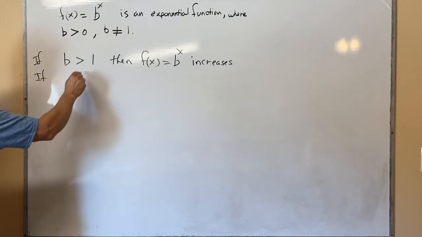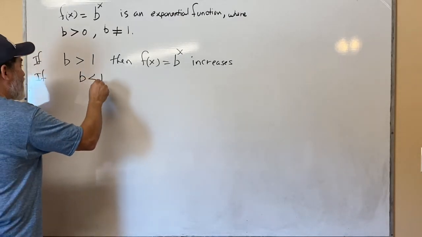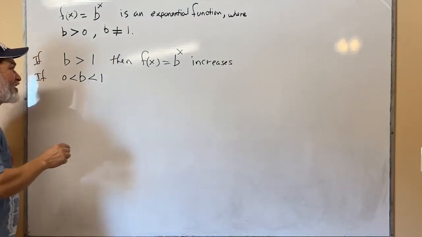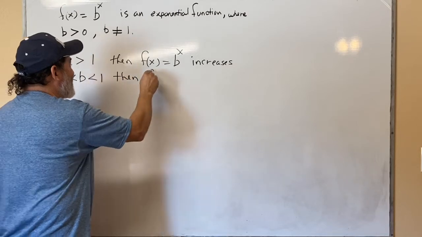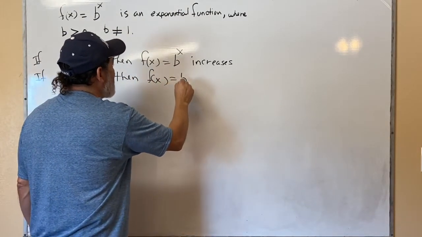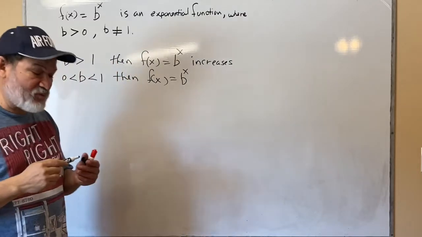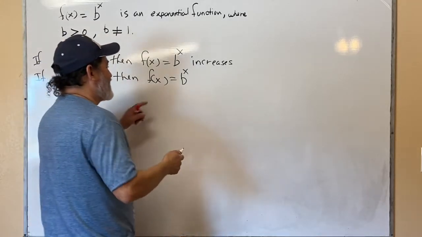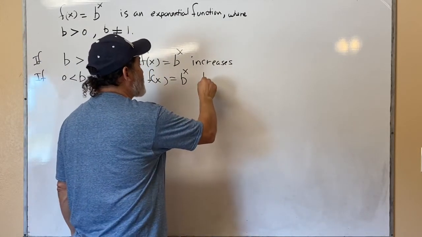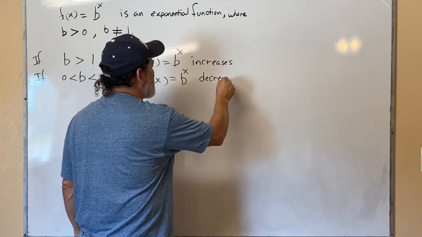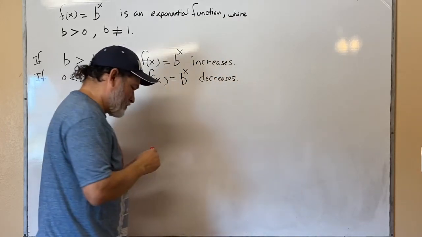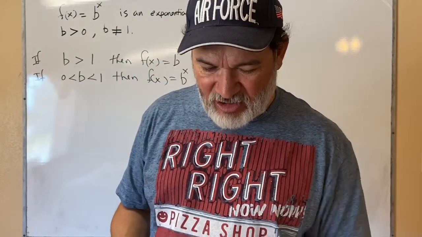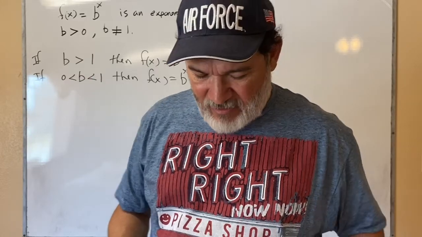If the base is less than 1, but remember, it's gotta be greater than 0, then f of x equals b to the x decreases. Remember when the base was half? Base half satisfies this. So these are exponential functions.